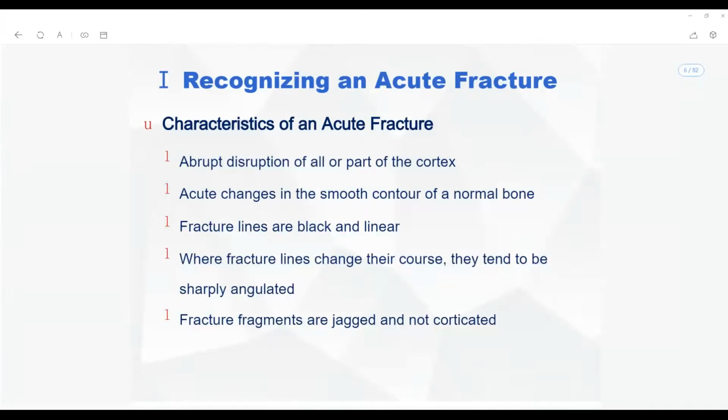So less than 5 days, 3 to 5 days, is called an acute fracture. And if it has passed 7 days, you call it a chronic fracture, right? Because after 7 days, healing will have started, ossification centers start to appear, and bone repair starts to commence.